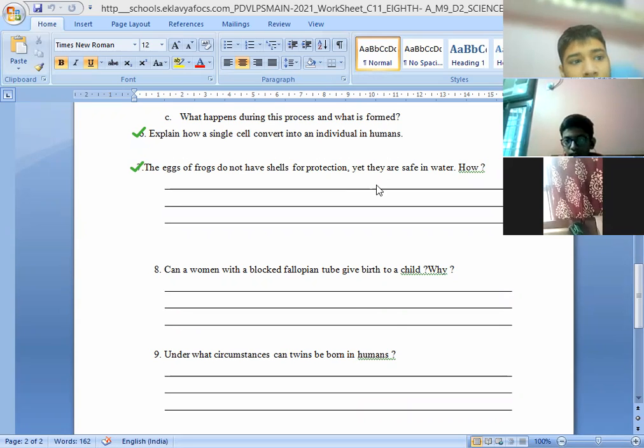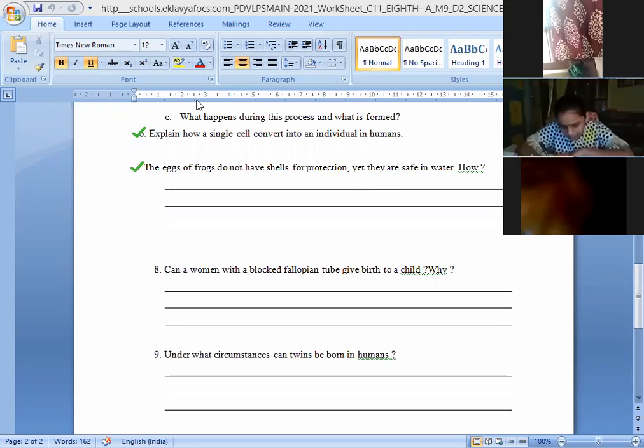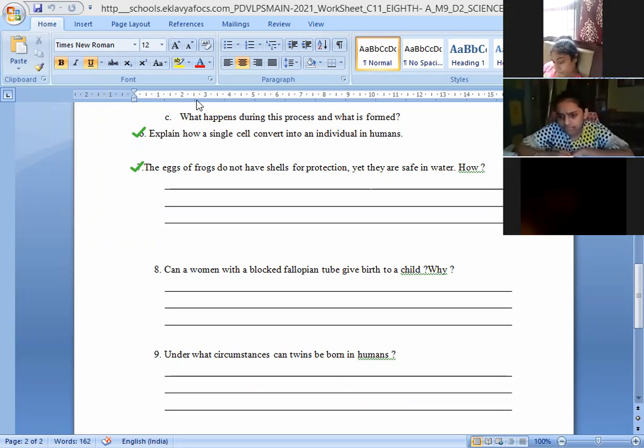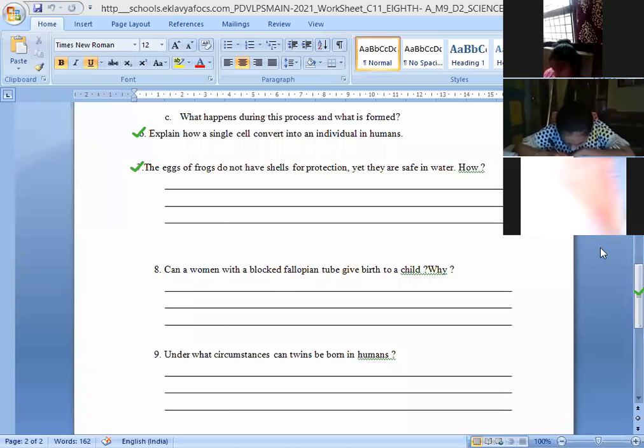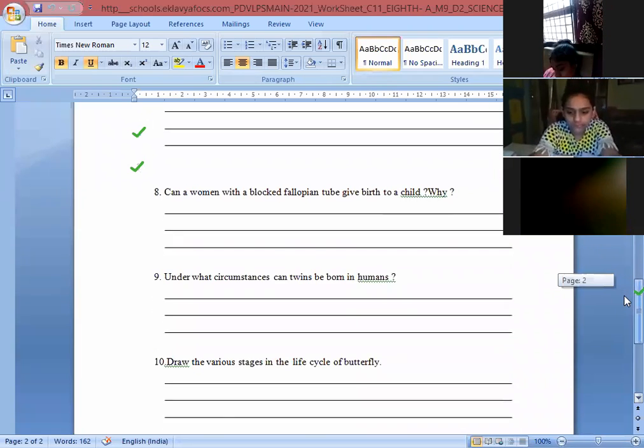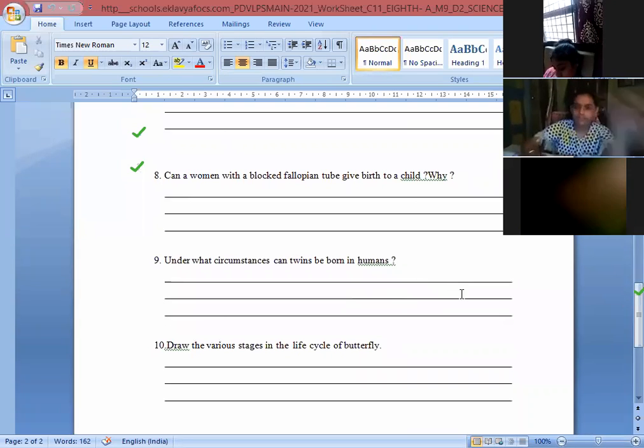Okay. Does anybody else want to give an answer for this? Yes. Ma'am, when two ova are matured at the same time, then the circumstances of twins can be there. Okay. So I hope this question is clear to everybody. Under what circumstances can twins be formed? When two eggs get fertilized together. In that case, twins can be formed.